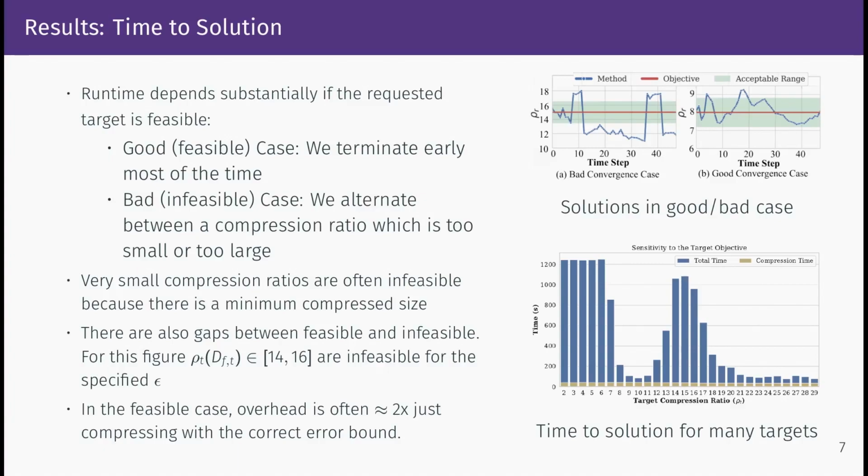That's not particularly realistic, but represents perhaps a lower bound for the amount of time that we might be able to achieve. And what we see here is relative to that lower bound, we're often around 2x what the compression time is in the feasible set of cases. Not all the time, but most of the time that is true.